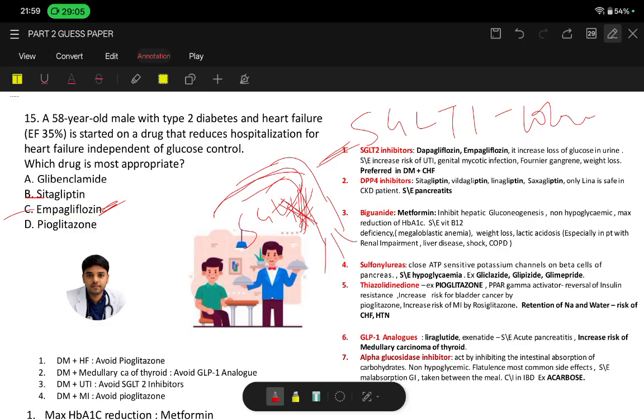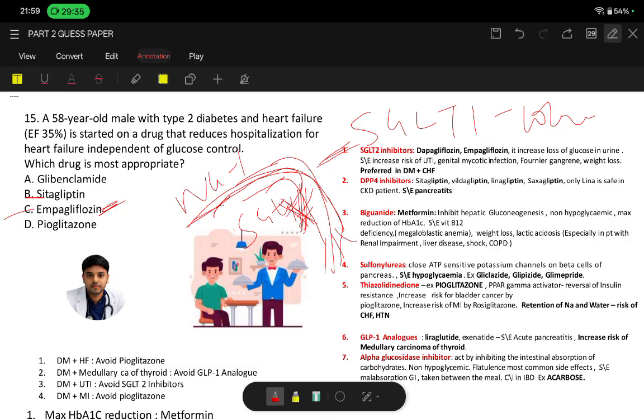All the glucose will go into the urine. From the blood, all the glucose will be excreted out. So in diabetic patients, all the glucose is excreted. Apart from this, there will be loss of sodium also.